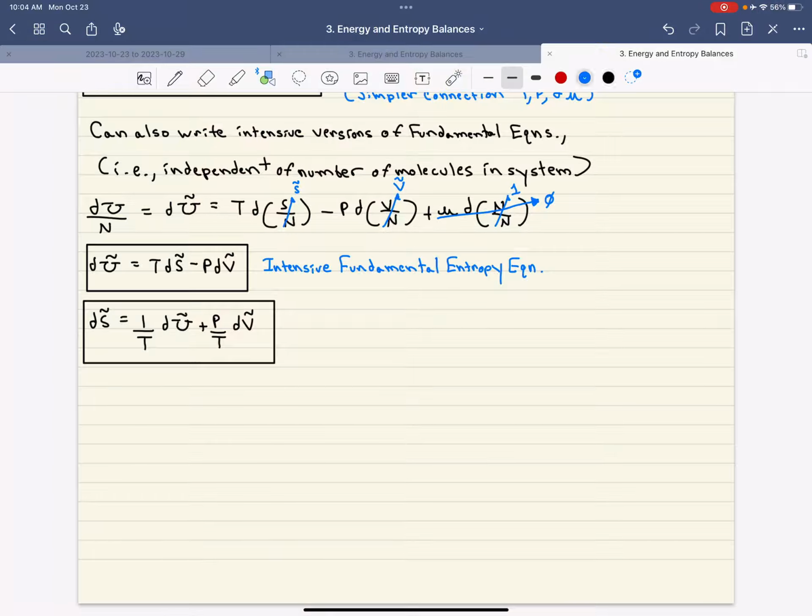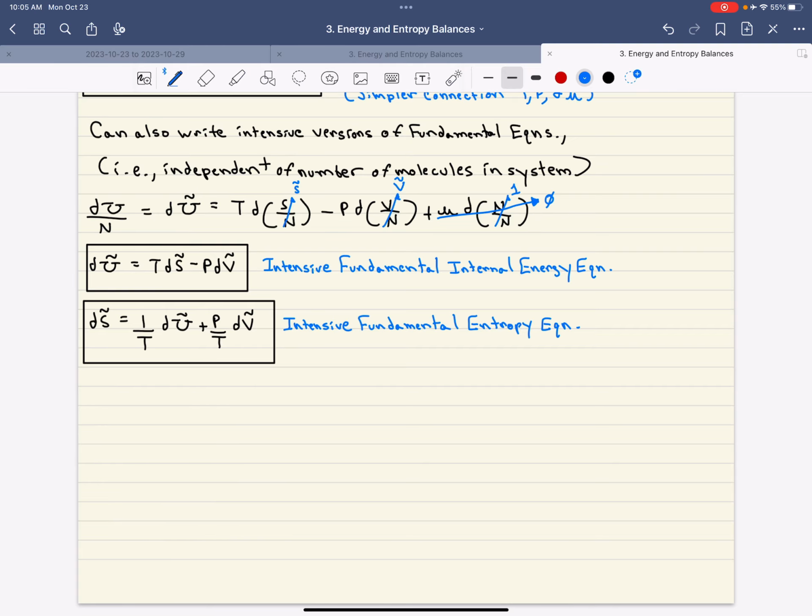So this one is the fundamental internal energy equation, and then this one is the entropy equation.